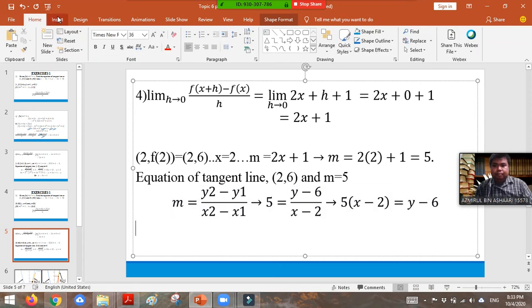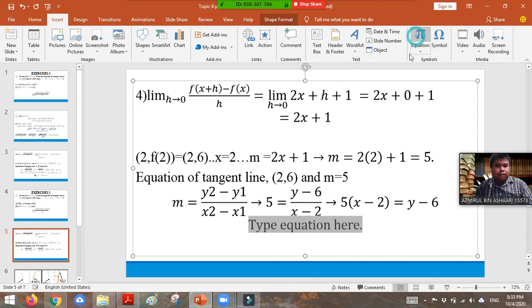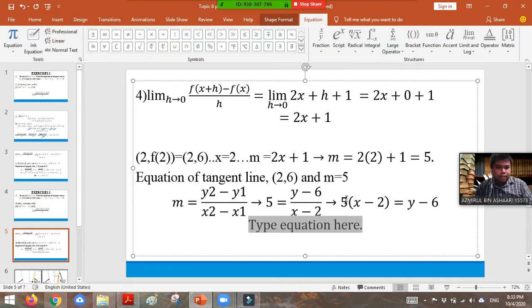Okay, and then I multiply inside: 5x, which x becomes 5x, and then minus 5 times 2 becomes 10, equal to y minus 6.